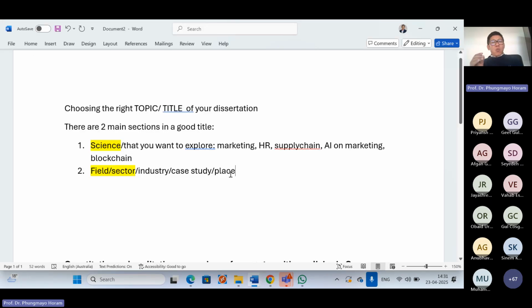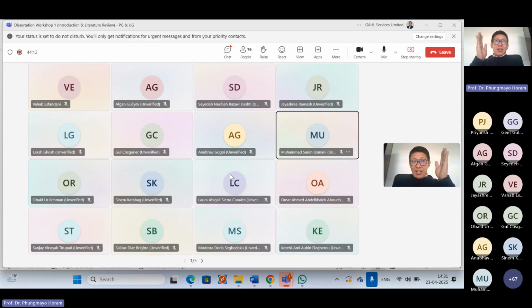So, once you have chosen marketing, whether you are choosing the sector, the industry, the company, the country, the region, that is the second important part. It is related to your data collection. Where are you planning to collect the data, whether it's primary or secondary?